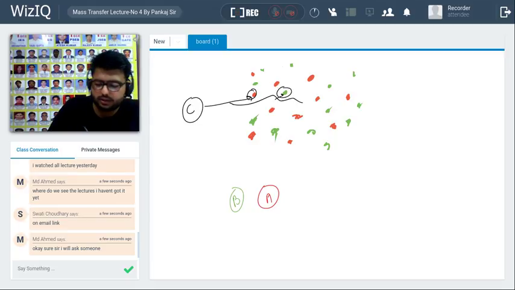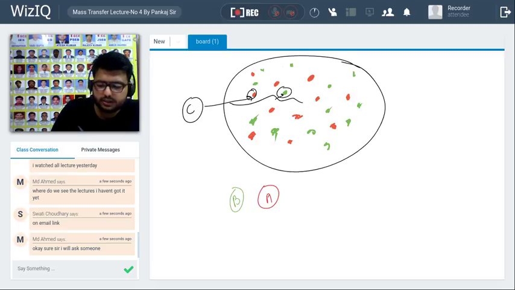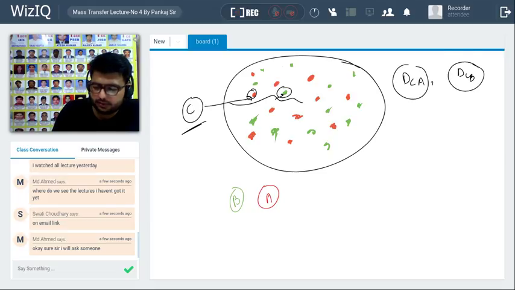So this C, when it will go through this mixture, it will interact with these A particles and with these B particles individually. So how is the effective diffusivity calculated in this system? We calculate the diffusivity of C with respect to A and with respect to B. That is DCA and DCB. That is the diffusivity of C through pure A, plus individually the diffusivity of C through pure B. These two are calculated individually and then the overall diffusivity is calculated.